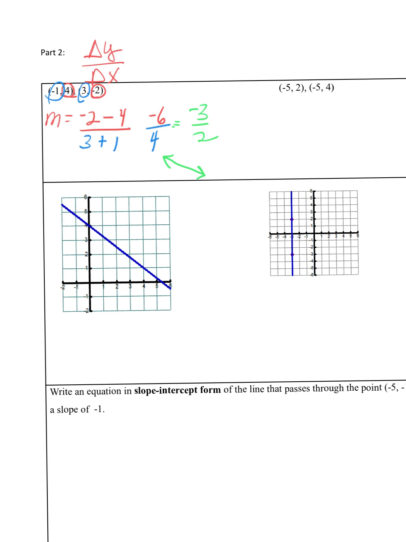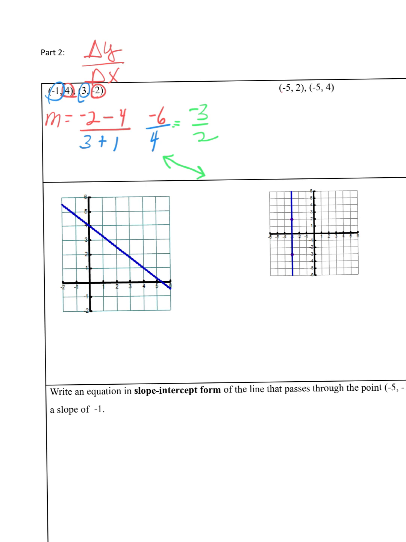Keep in mind that we always check at the beginning to see if we have a vertical or horizontal line. And if we do, we can identify the slope of that before even calculating anything. So what I do is I look for repeats in my x or repeats in my y.